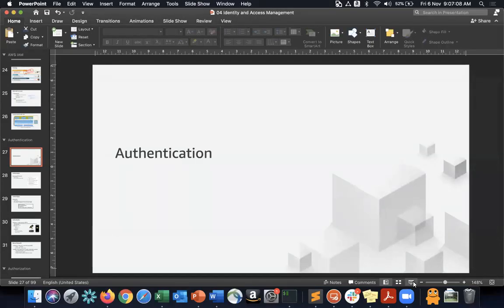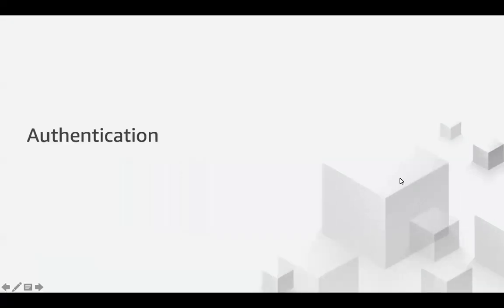Okay, authentication, right? I mean, what is authentication? Authentication is a way to authenticate somebody, some user, or some person or some identity into the system, correct? That's what authentication means, right? So identity. What is identity?